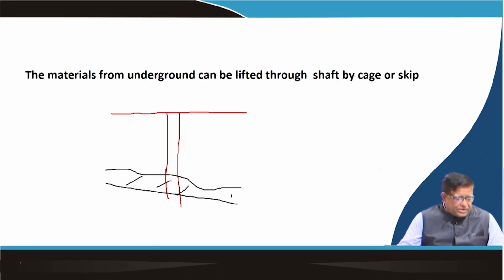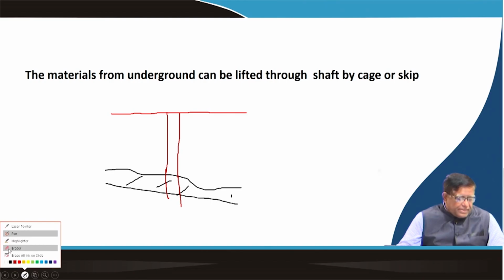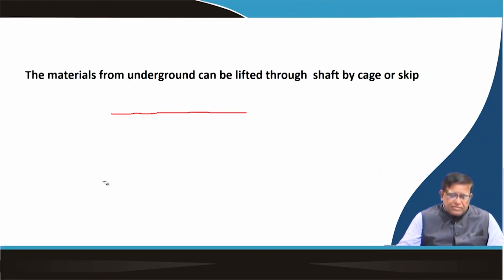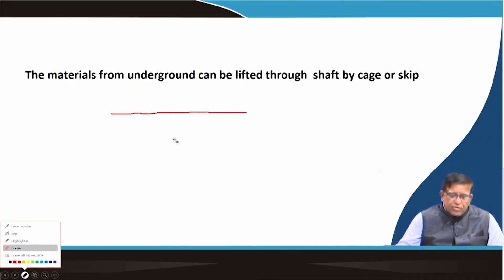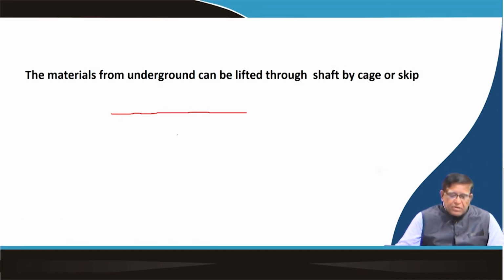So what is done here exactly: you have this shaft going down, and then from here it enters the mines, where we have roadways, galleries or drifts.